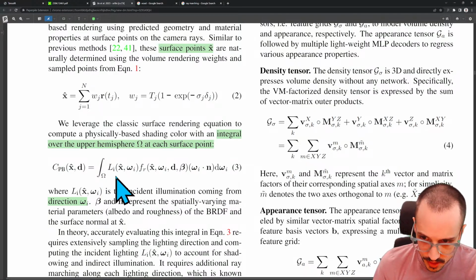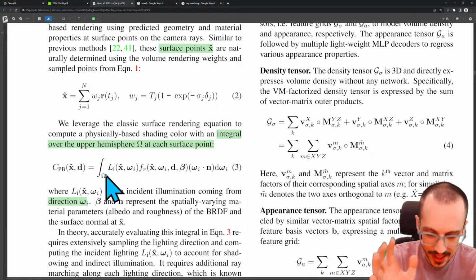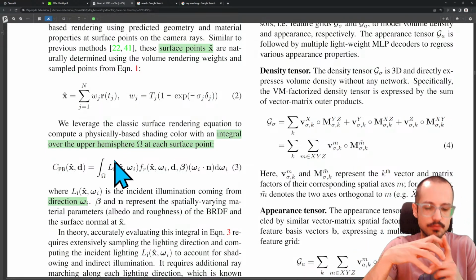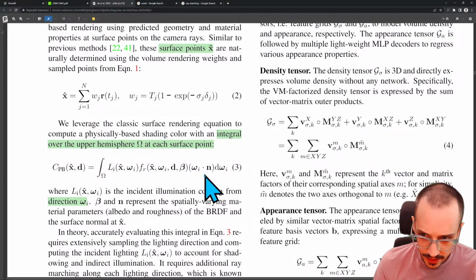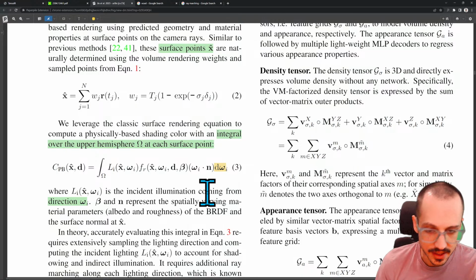And that's what this integral is doing here. It's an integral over the entire hemisphere, or basically the normal direction of the surface point. So here, integral over capital omega, which is the upper hemisphere, and then d omega_i, where this is all the different vectors of lighting direction.